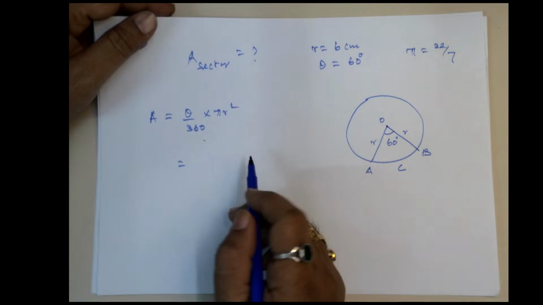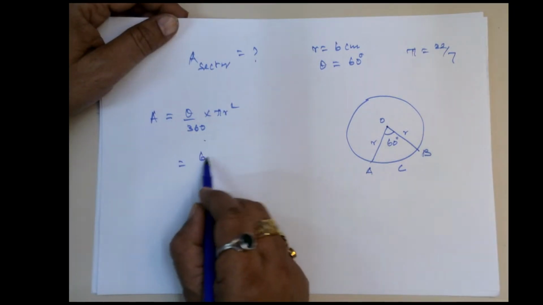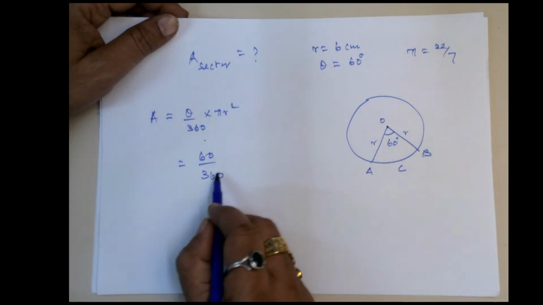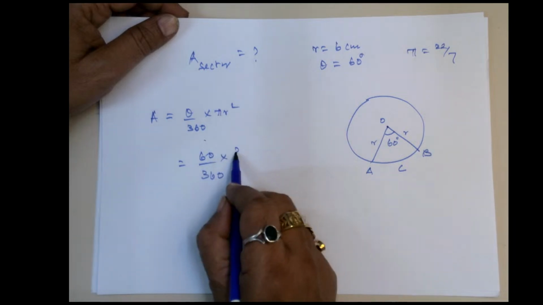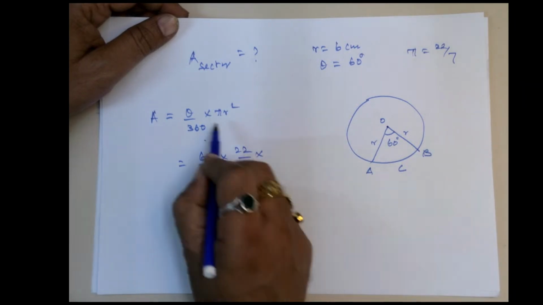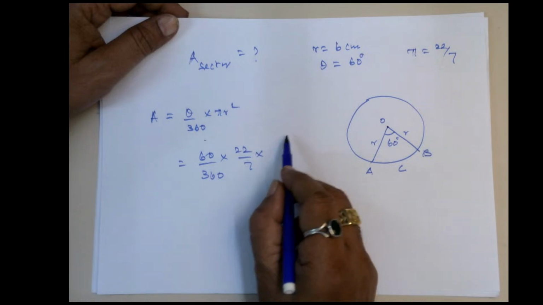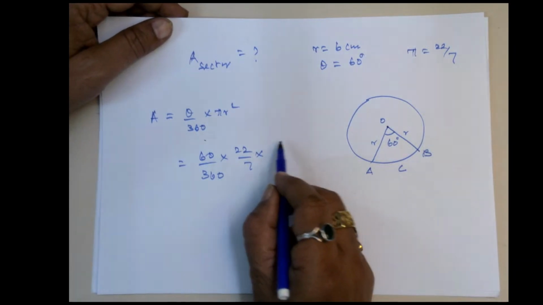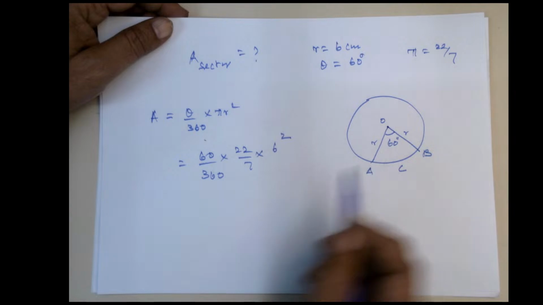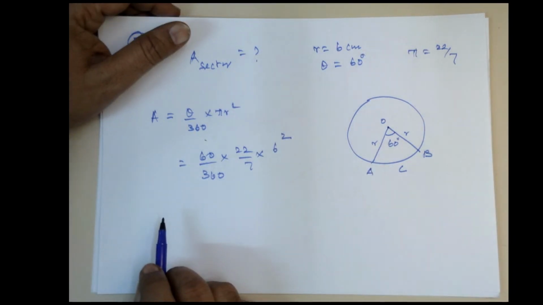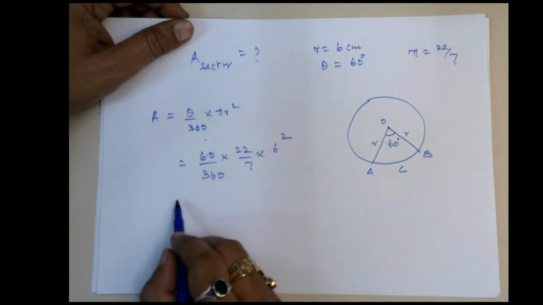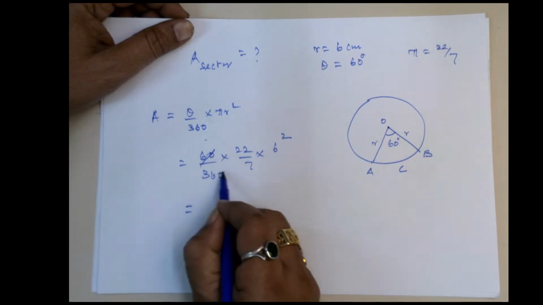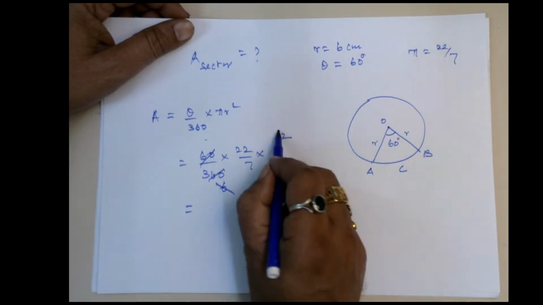So theta is 60 divided by 360 and this is 22 by 7 into r, which is given as 6 centimeter, so 6 square. So you can strike out this 6 times and you can strike out 1 6.